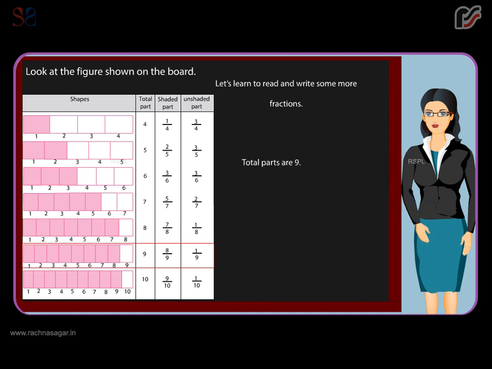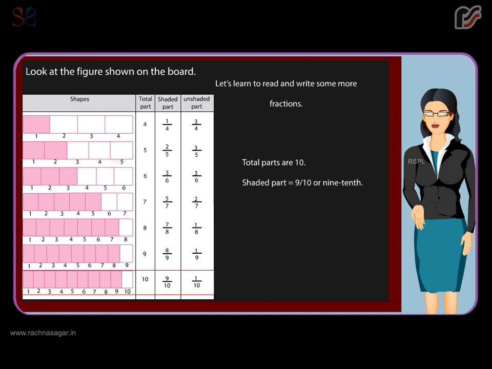Total parts are 9. Shaded part is equal to 8/9. Unshaded part is equal to 1/9. Total parts are 10. Shaded part is equal to 9/10. Unshaded part is equal to 1/10.